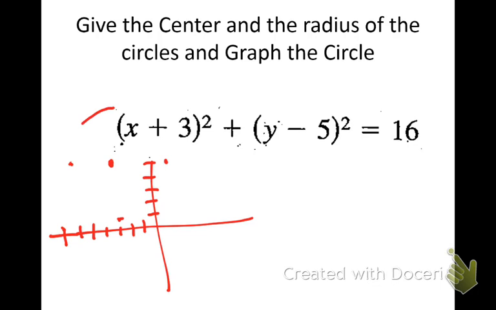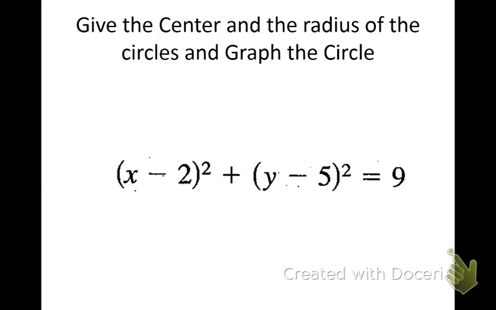Four up. So your circle is going to look something like this when you graph it. The distance from this point to the edge is 4. That distance right there, that's 4. That's how big you need to make the circle.